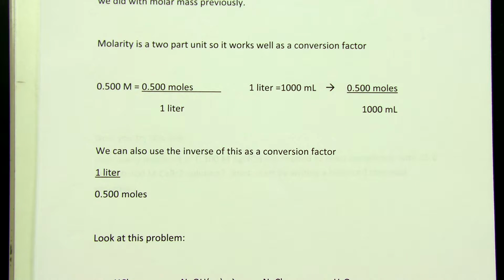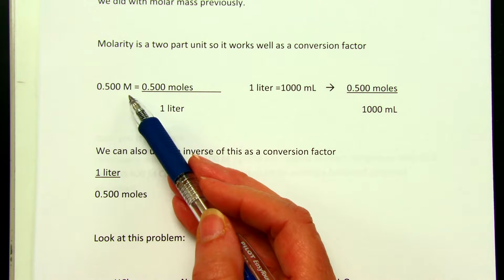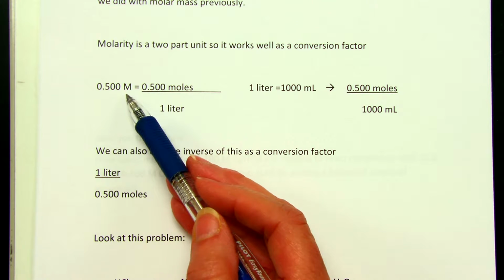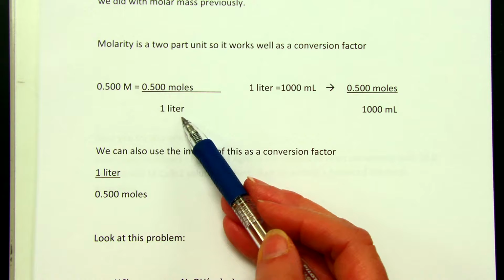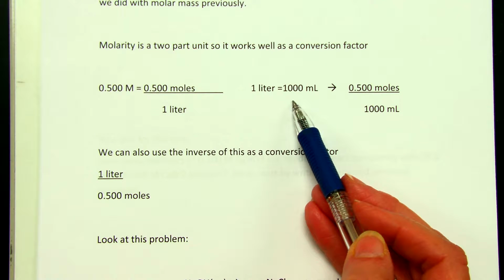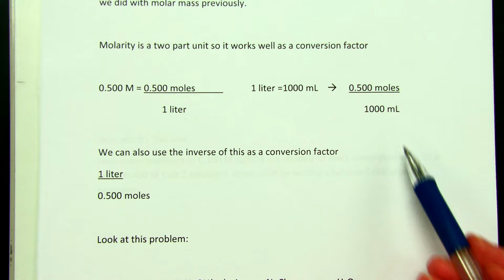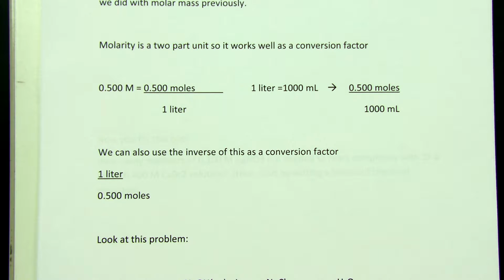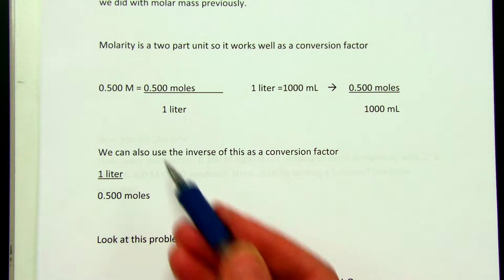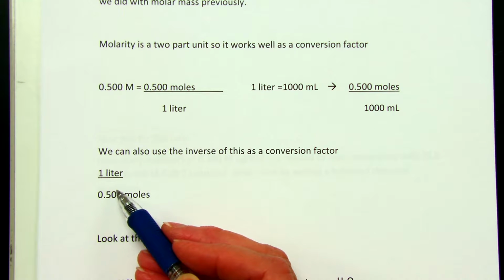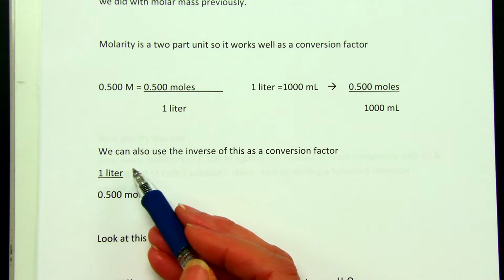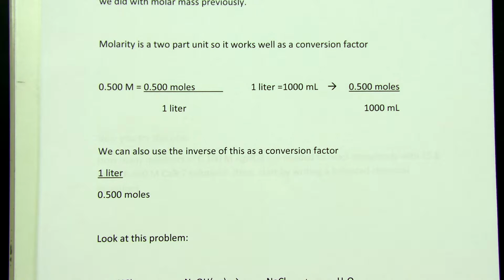We know that we can take our molarity, uppercase M, and 0.5 molar is 0.5 moles per liter. Since 1 liter is 1,000 mL, it's okay for me to write 0.5 moles per 1,000 mL when I want to save a little time and avoid one conversion. And we can also turn this upside down just like we can with any factor, that 1 liter or 1,000 mL would be 0.5 moles.